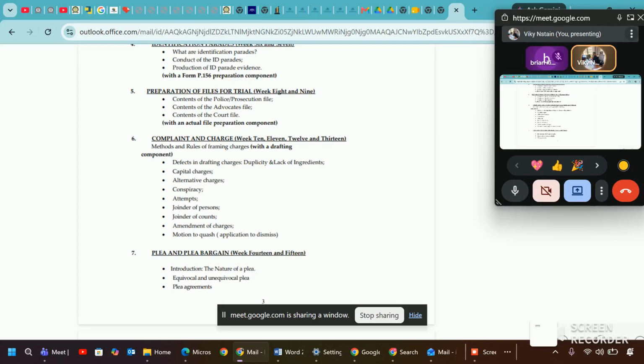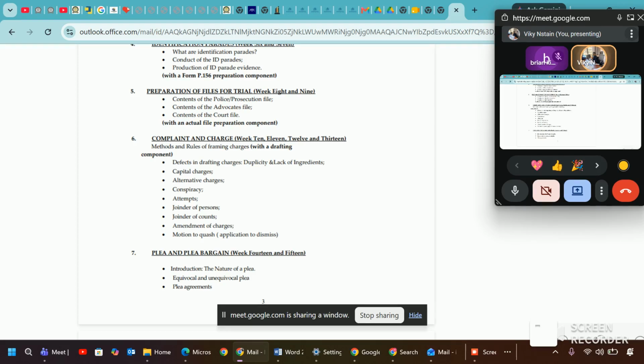Another key takeaway is that if you read section 135, it says that multiple counts can be joined if founded on the same facts or series. Each offense must be in a separate count.